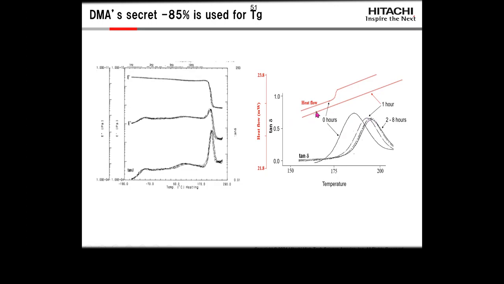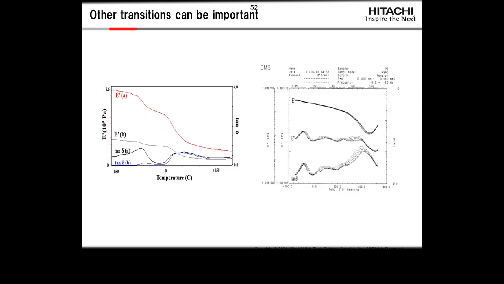So 8 hours after it vanishes from the DSC, I can still see that glass transition in the DMA, which is one of the real advantages for highly cross-linked or highly filled materials, that the DMA will see transitions that are very, very weak. Those other transitions, as I said, can be important.